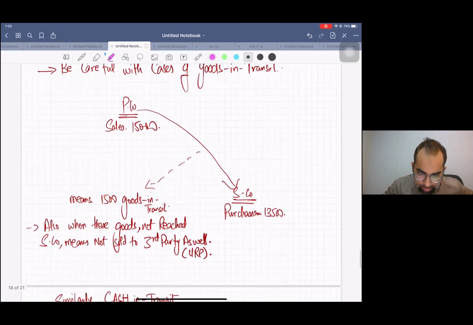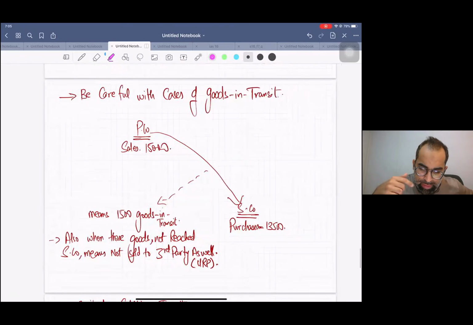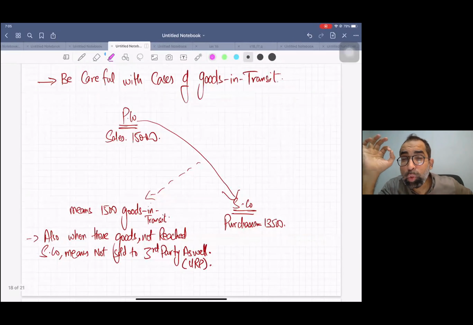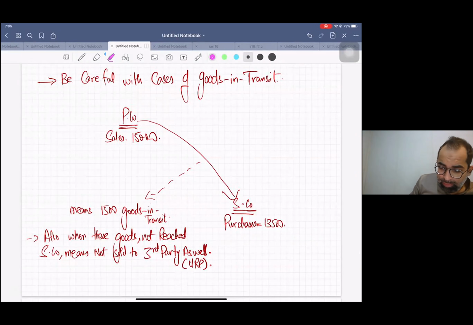Now, there is a case which sometimes comes in the exam, and it is present in the pyramid or some questions, and this is a goods in transit case. For example, in the adjustment, this is an exam kit question as well.